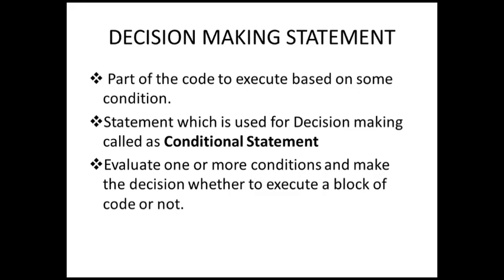The execution is based on true or false. The program decides whether to execute a particular block of code or not. So the conditional statement or decision making statement is used to evaluate conditions to execute.